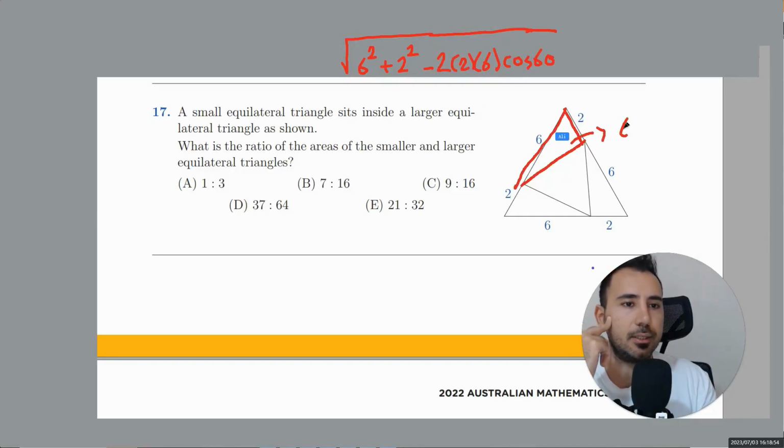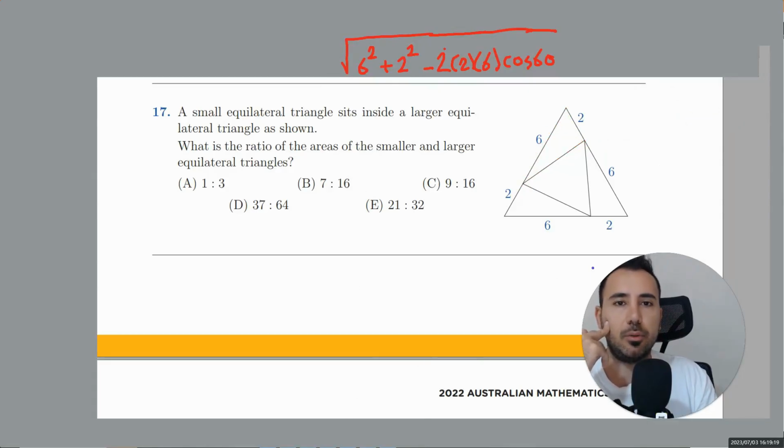The area is 6 times 2 times sine 60 degrees, because here is 60 degrees. So maybe you want to use this, or maybe you want to use this. Let's go with the cosine, and the reason is it's more helpful for the next question to understand.